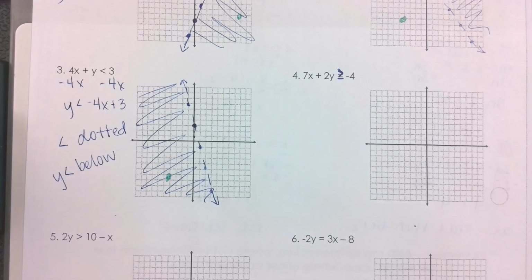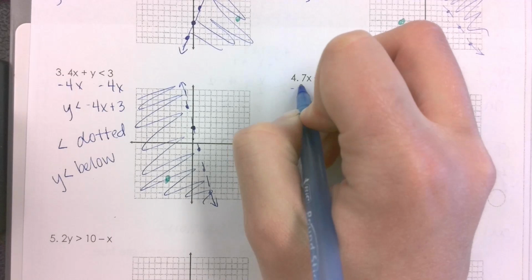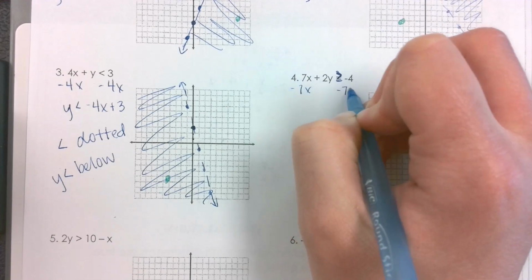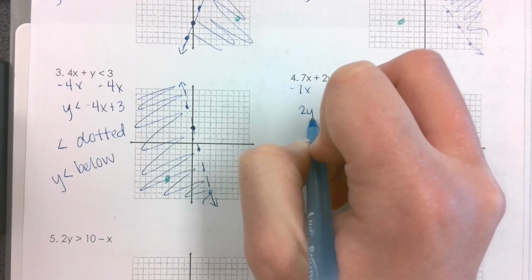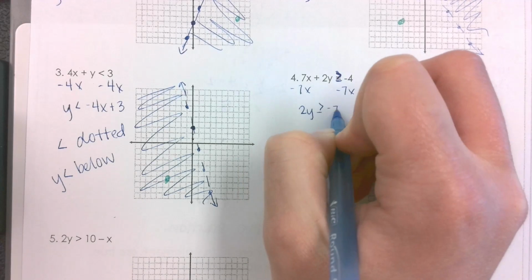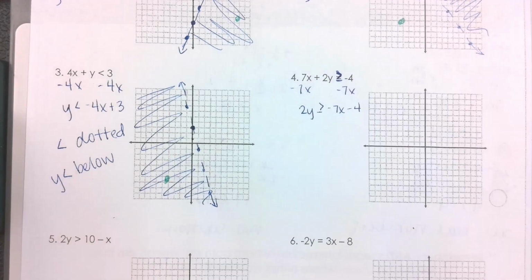So what is wrong with that right now? It's not in slope intercept form. So we've got to get it in that form. Kayla, what do we need to do to get it in slope intercept form? Yes, ma'am. We add 7x. David, do we have to do anything else?